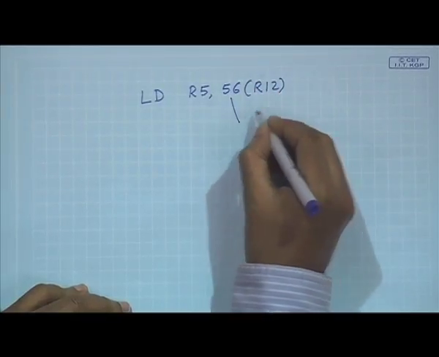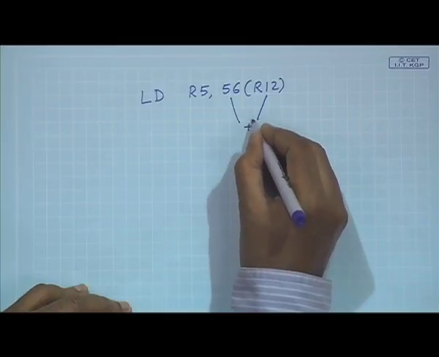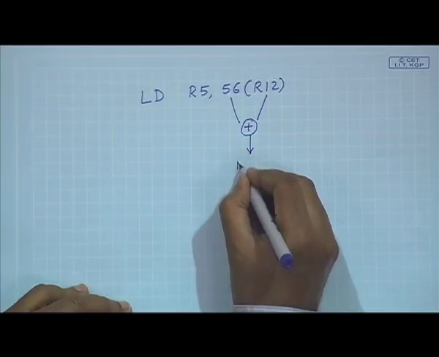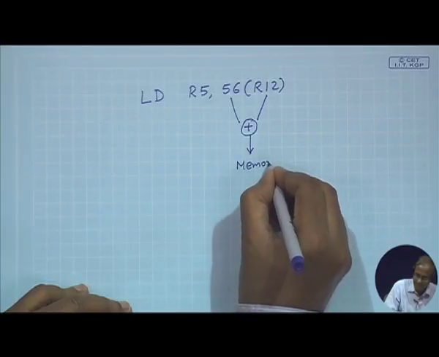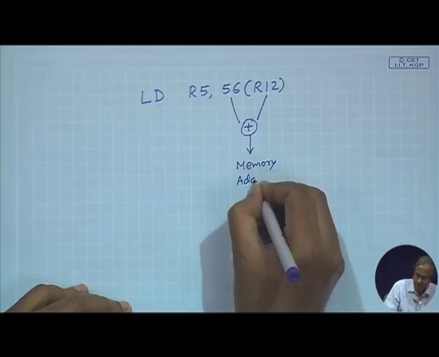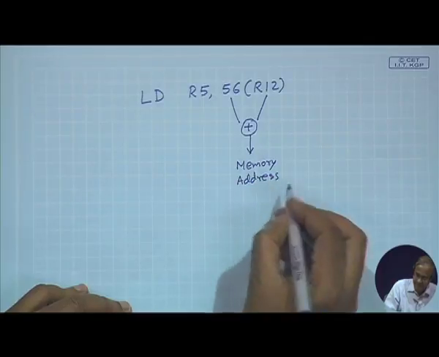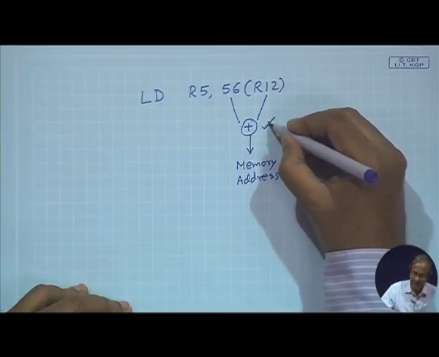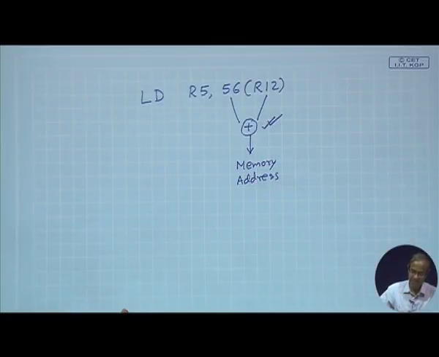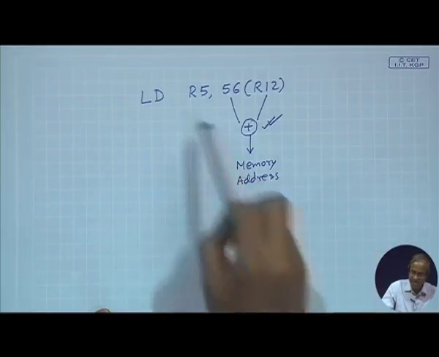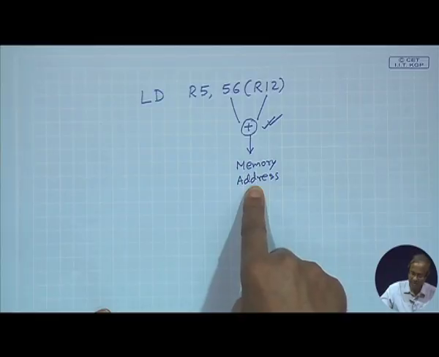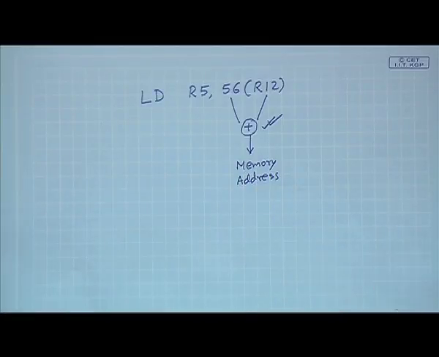So, the value 56 and R12 will be added, and the result of the addition will be your memory address from where the data will be loaded into R5. So, you see you require an addition step here. In the load instruction, no other arithmetic calculation is required, only this addition to compute the effective address or the operand address. So, that is what is mentioned here.